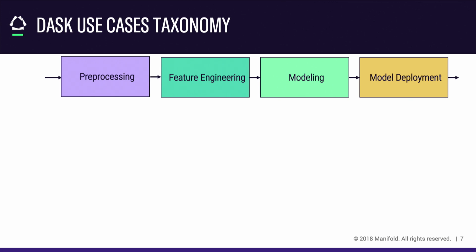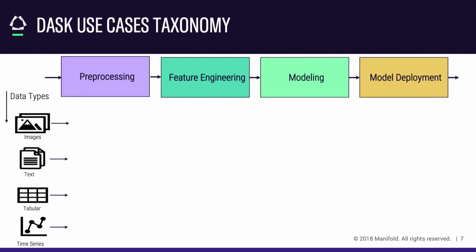So now, diving a bit deeper, we have this pipeline, and what kind of operations happen at different stages of this pipeline? To answer that question, you have to look at the data types, because the operations at different stages depend on the type of data that is flowing through the pipeline.